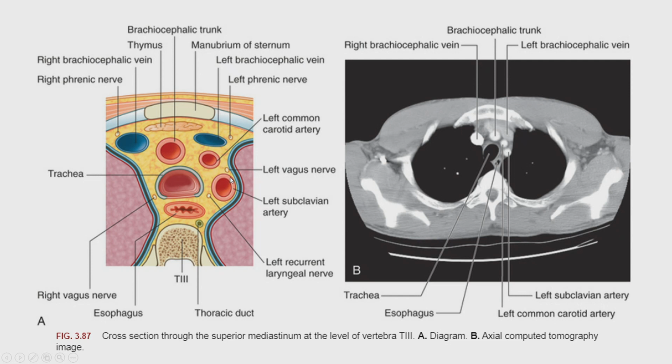The other is the vagus nerve, the left vagus nerve and the right vagus nerve. Only the left vagus nerve, at approximately the level of the arch of aorta, gives one important branch which loops around the arch of aorta near the ligamentum arteriosum and goes back between the trachea and esophagus as the left recurrent laryngeal nerve.